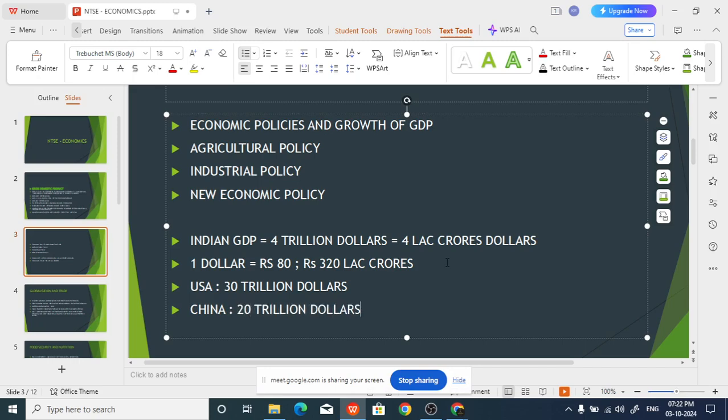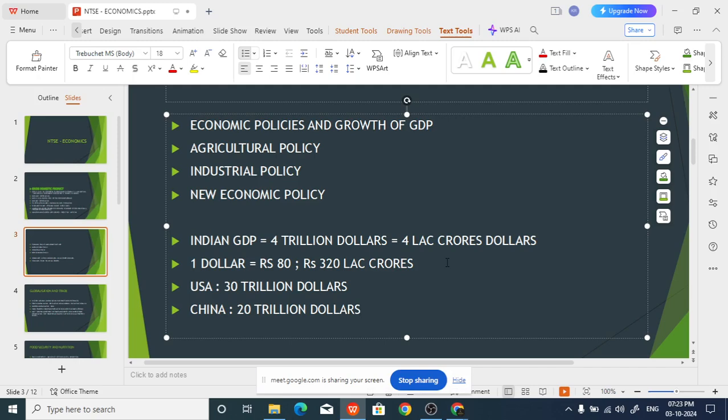How big is China compared to India in terms of GDP? 5 times. How big is the US compared to India? Approximately 8 times.